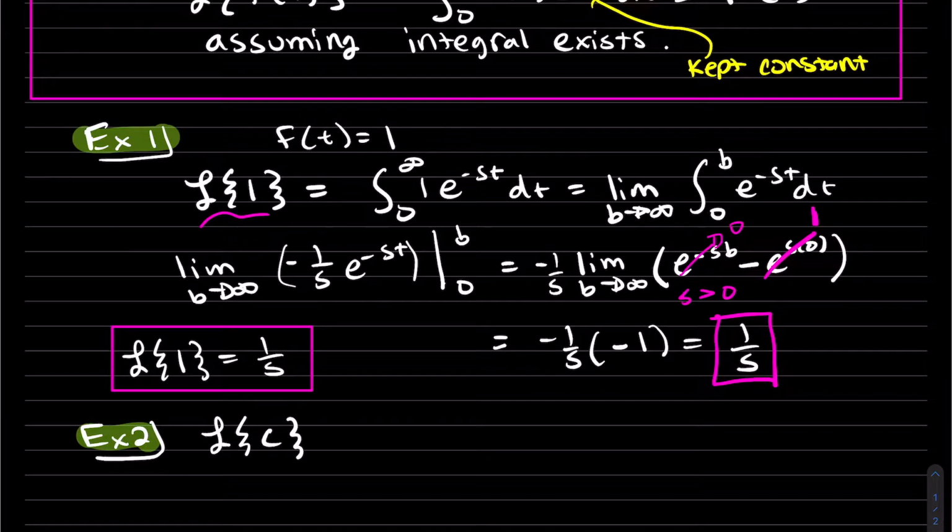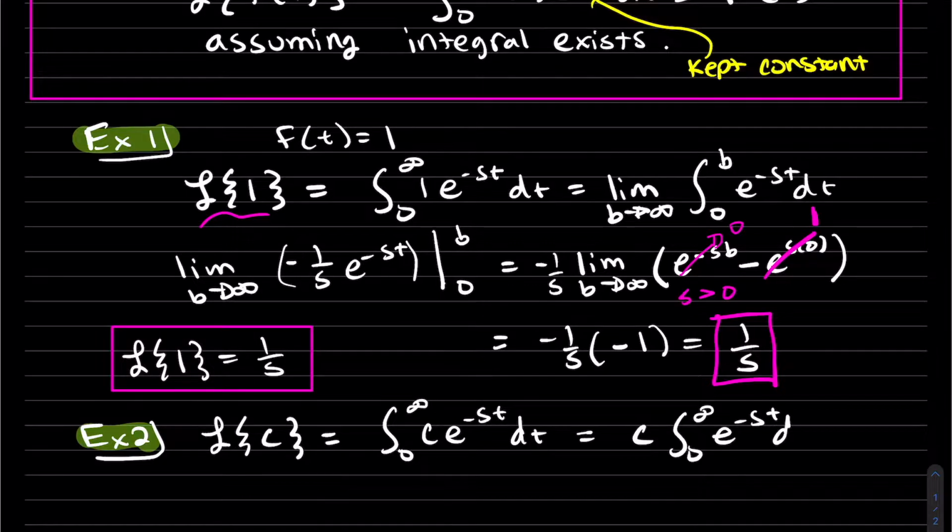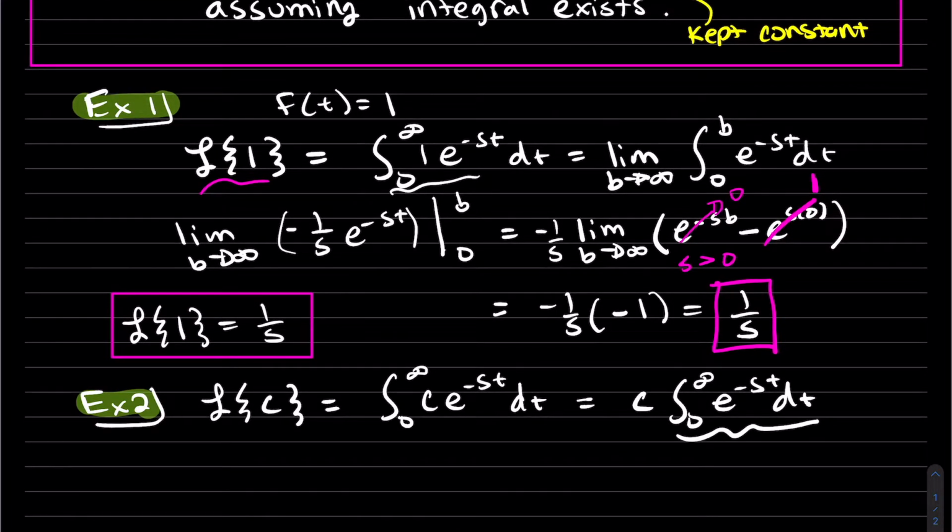Now the Laplace of a constant. Since linearity holds with the integral, the c can come out in the front. We just found this integral right here is 1 over s.